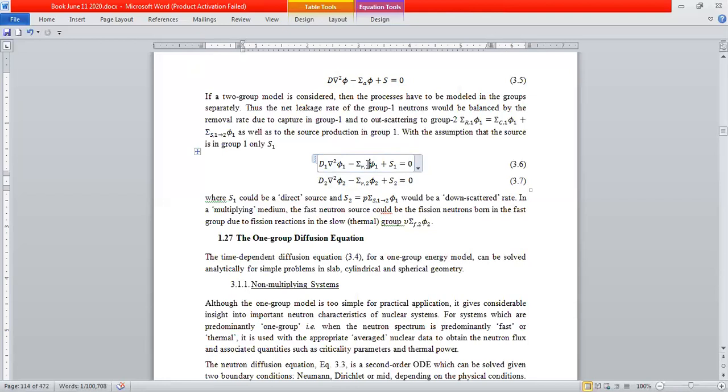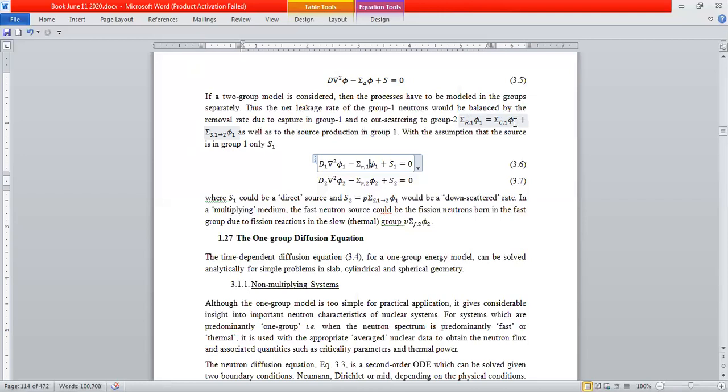The loss term says that there's a removal from group 1. Now, how can there be a removal? So let's look at this over here. Imagine that a removal from group 1 is a capture in group 1 plus a scattering from group 1 to group 2. So sigma R1 phi 1 is the number of removals per cubic centimeter per second from group 1.